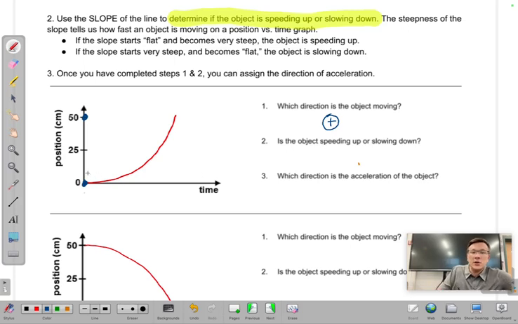Is this object speeding up or slowing down? Well, I can see over here at the beginning that the slope is very flat here, and then as we get to this part, it is very steep up here, right? Imagine you had a stick figure that was trying to stand in these two spots. The stick figure would have no problem standing over here, right?